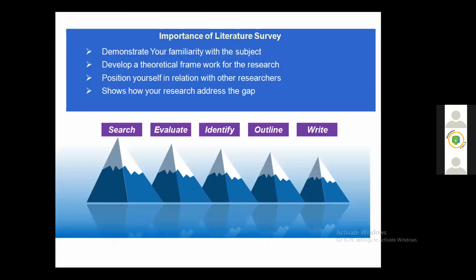Now, what is the importance of literature survey? First of all, it demonstrates your familiarity with the subject. The person who is strong in literature research in a particular domain will be able to tell very authentically about what are the things reported on that particular topic so far. So this is the main advantage of literature survey.